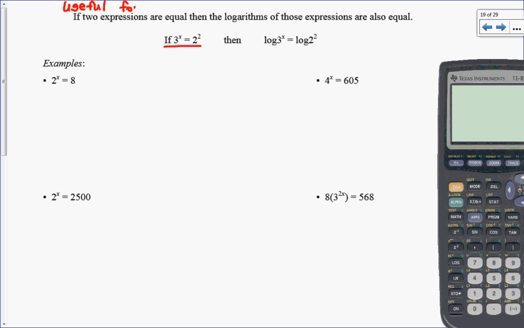Useful for solving exponential equations that can't be written with a common base.